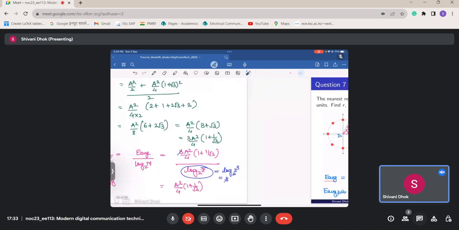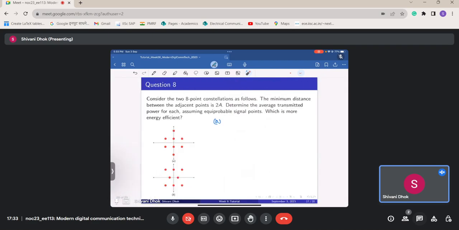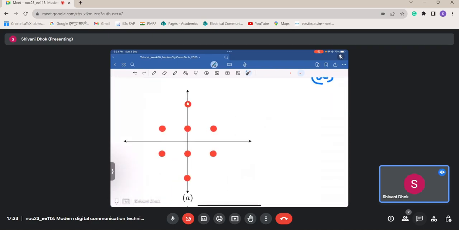So if we know the coordinates of these points, the energy of a point will be simply equal to the squared L2 norm, or basically the element-wise square of that coordinate. Like if it is x comma y, then the energy will be x1 square plus x2 square, that we had seen earlier. So now let us just find out the coordinates.